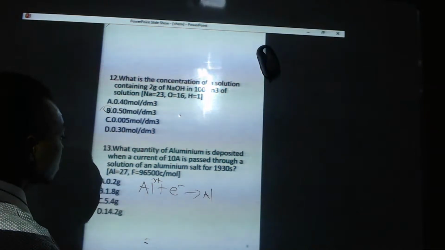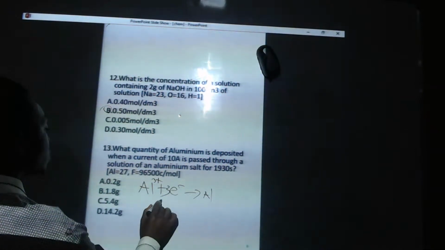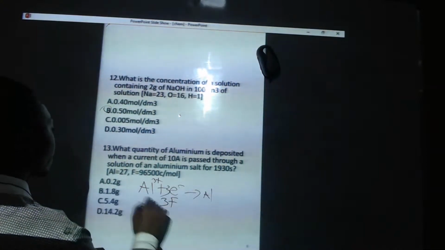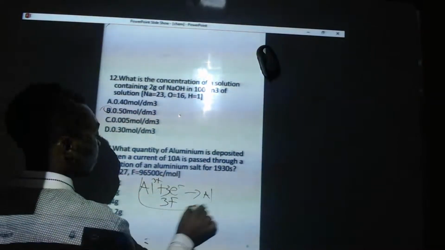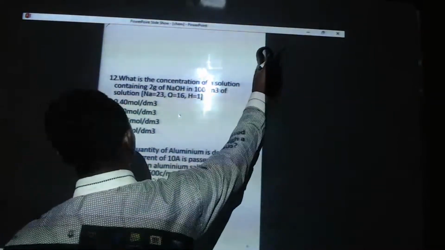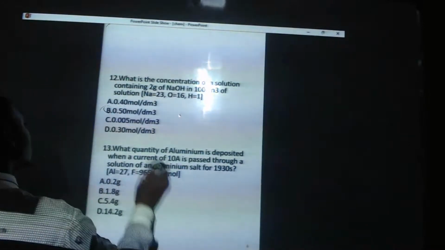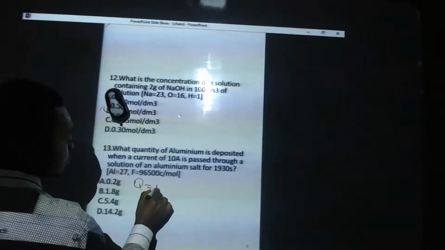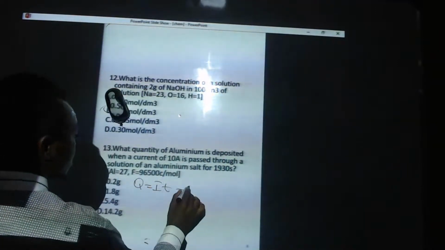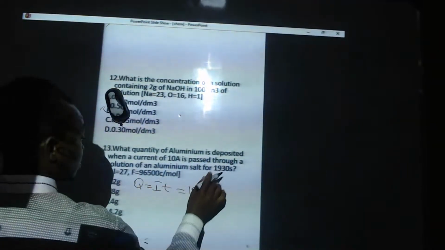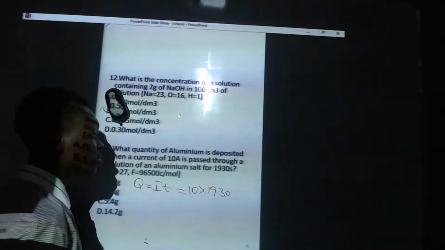Okay, so now you're dealing with 3F. What you have to do first, before the equation, is to find the quantity of electricity. To find the quantity of electricity, remember I said your Q is equal to your I times T, right? Your I has been given as 10, your T has already been given as 1,930 seconds. So there's no need of converting from unit to unit.